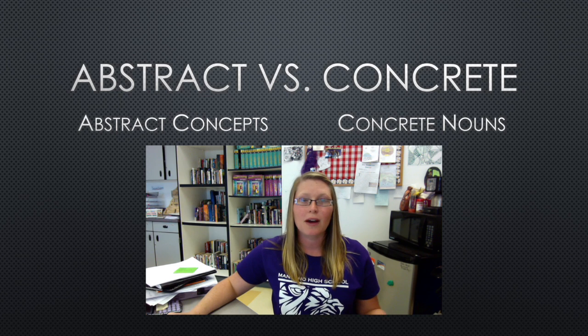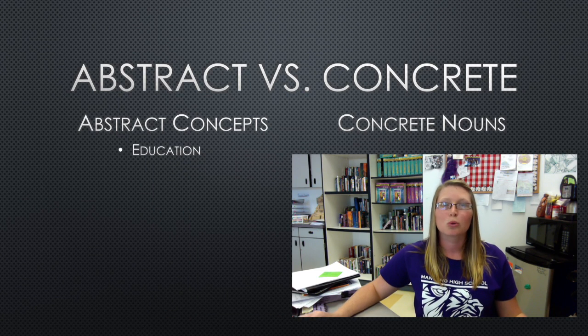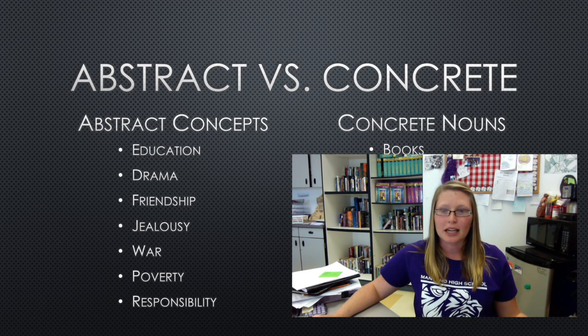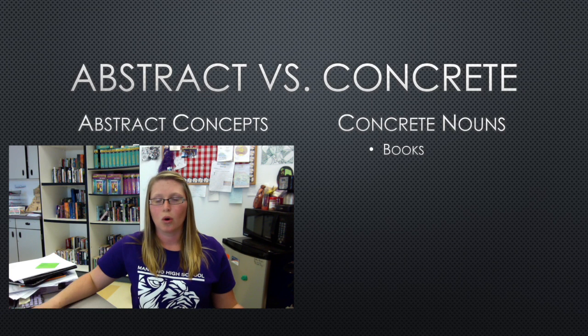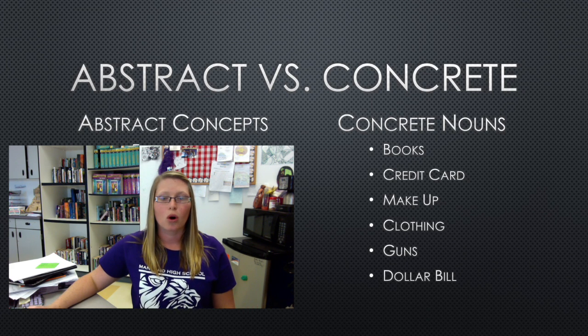So, some examples of abstract concepts would be education, drama, friendship, jealousy, war, poverty, and responsibility. Whereas a concrete noun would be like a book or a credit card or makeup or clothing, guns, dollar bill, or a car.